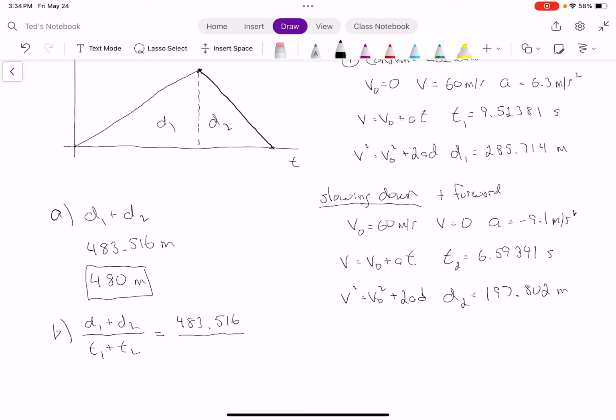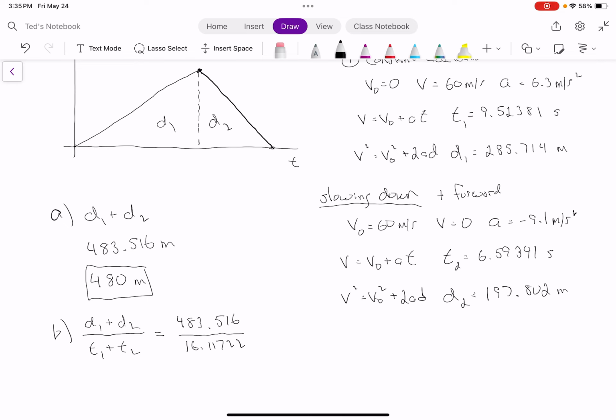And our total time is 9.52381 plus 6.59341, so our total time is 16.11722.